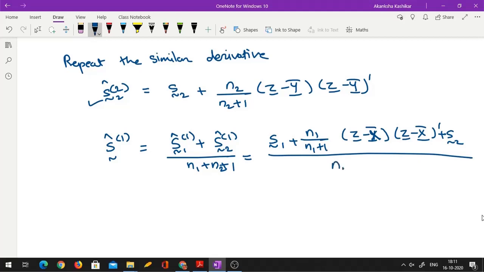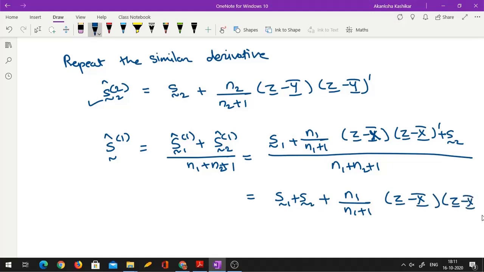So this upon N1 plus N2 plus 1 is as it is. So what I have is S1 plus S2 plus N1 upon N1 plus 1 Z minus X bar prime, divided by N1 plus N2 plus 1.